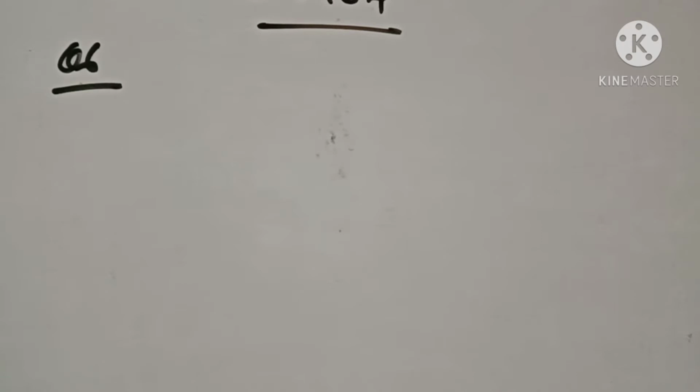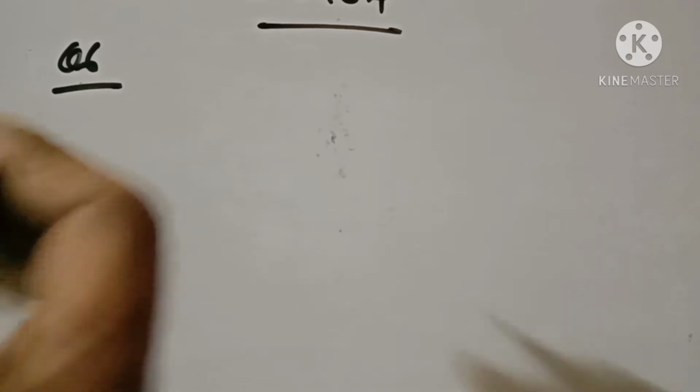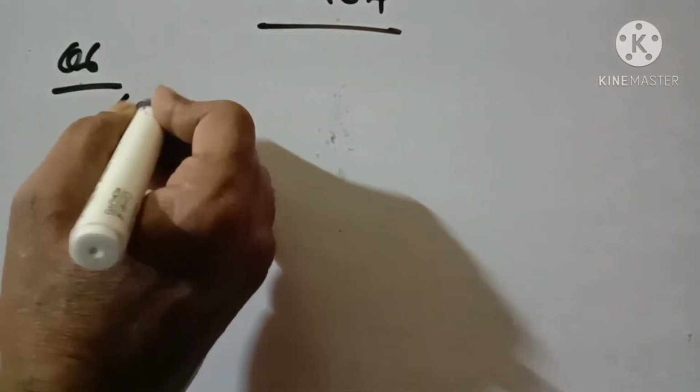If the box has length 80 centimeter, breadth 40 centimeter, and height 20 centimeter respectively, then how many square sheets of paper of side 40 centimeter would she require? Here length, breadth and height are given. So we have to find out the surface area of the box.